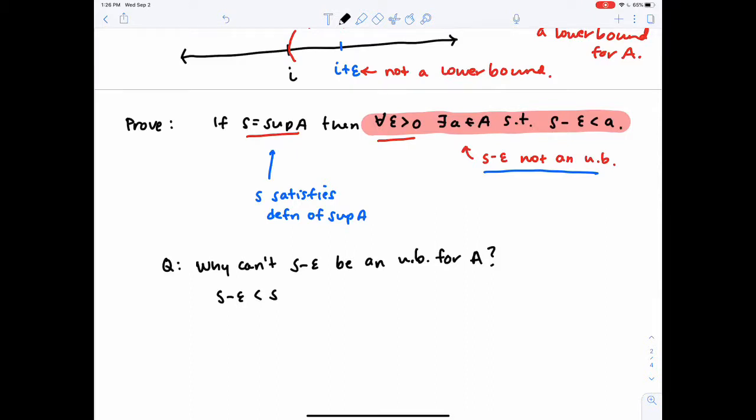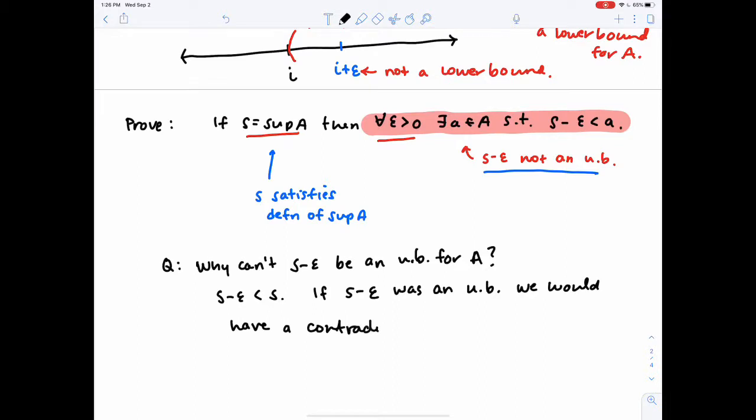Because we're taking epsilon, which is a positive number, and we're making it a little bit smaller. If S minus epsilon was an upper bound, we would have a contradiction to part 2 of the definition of sup A.